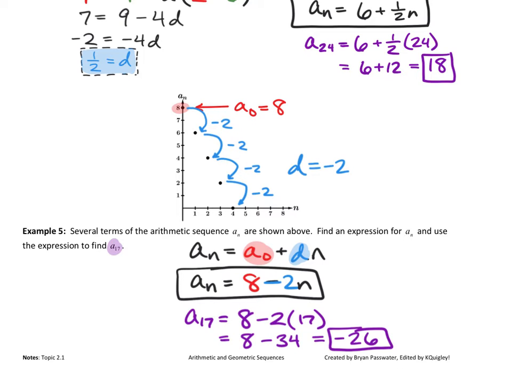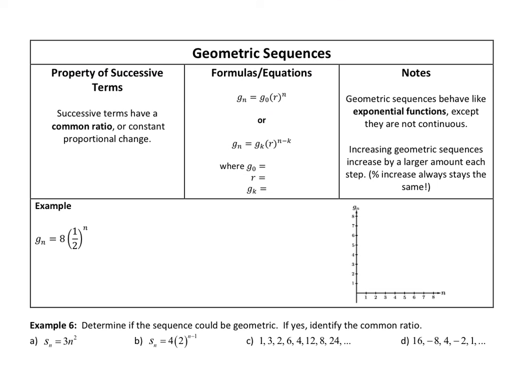Yes, no, maybe so? So arithmetic sequences, when we've been using them, we've been using adding and subtracting because they look like linear equations. The next type of sequence we're going to talk about is called a geometric sequence. This is not going to use adding and subtracting to change. In fact, geometric sequences don't have common differences.